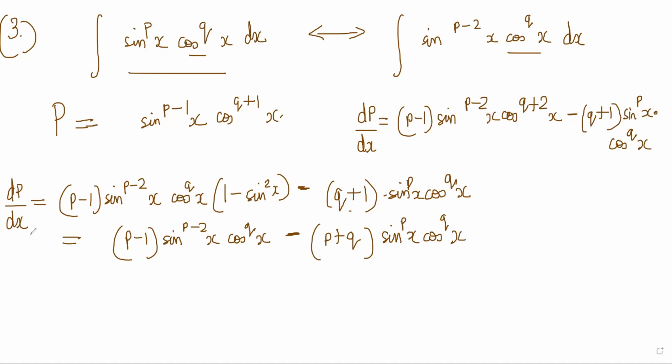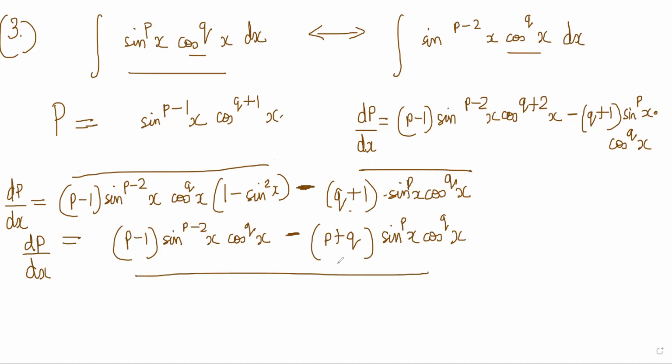If you're not convinced of this step, just check your calculations again, expand everything here and expand everything here, and see what happens. It will come as this. And now we can easily say that integrating all sides, you get P is equal to (p minus 1) times the integral where sine power is p minus 2 and cos power is q, minus (p plus q) times the integral I pq.